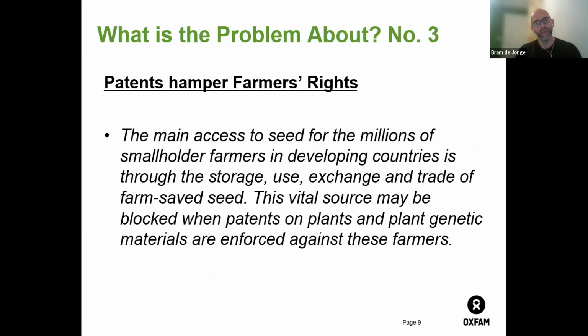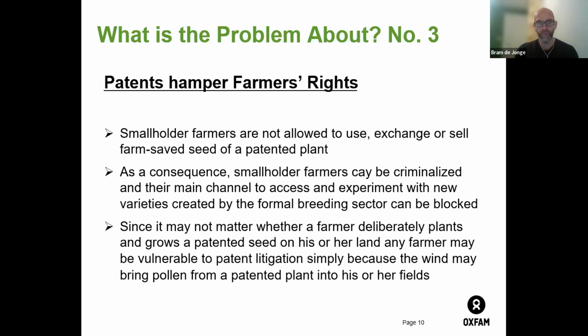We also see a problem in connection to farmers' rights. The main access to seeds for the millions of smaller farmers in developing countries is through the storage, use, exchange, and trade of farm-saved seeds. This is a vital source, but it may be blocked when patents on plants and plant genetic material are enforced against these farmers.